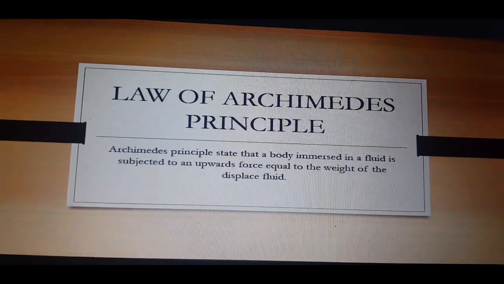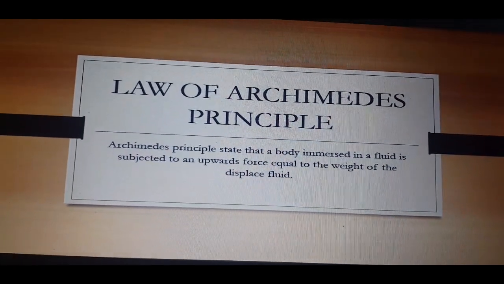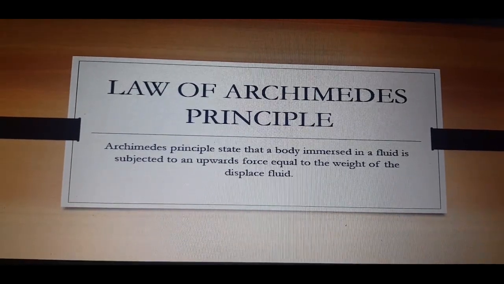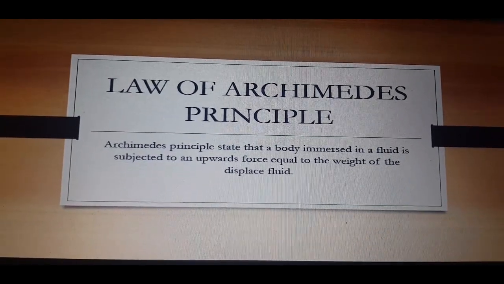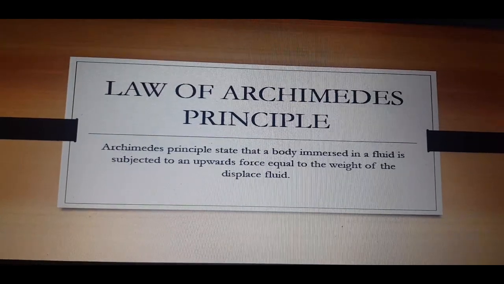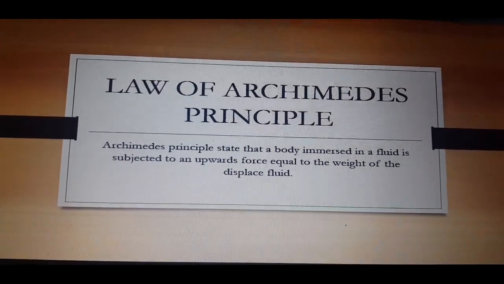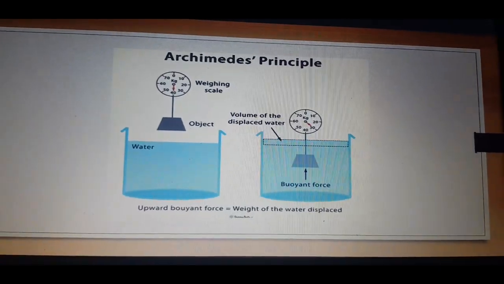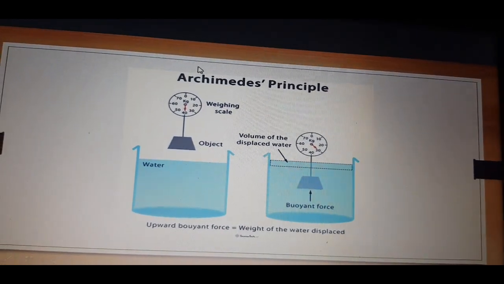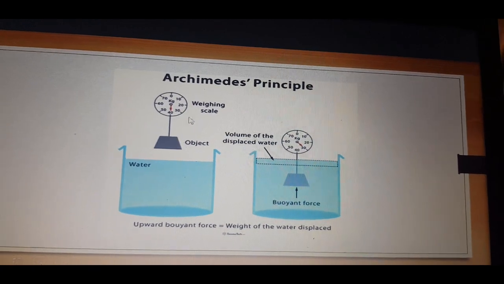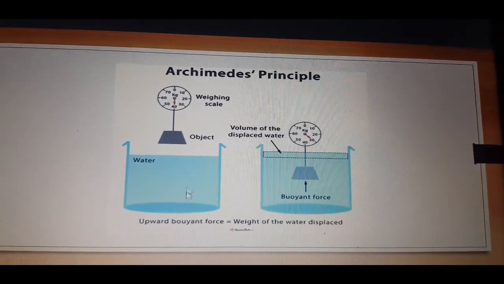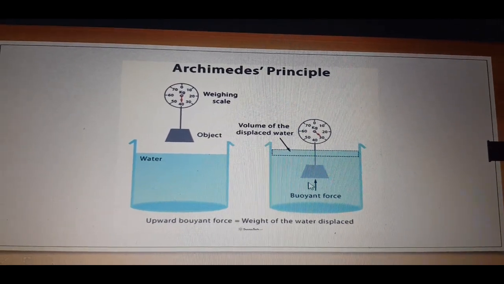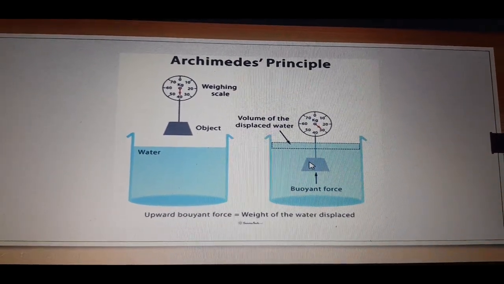Law of Archimedes principle. The law of Archimedes principle states that a body immersed in a fluid is subjected to an upward force equal to the weight of the displaced fluid. So when we put an object in water, there is an exerted force, the buoyant force, that pushes the object.